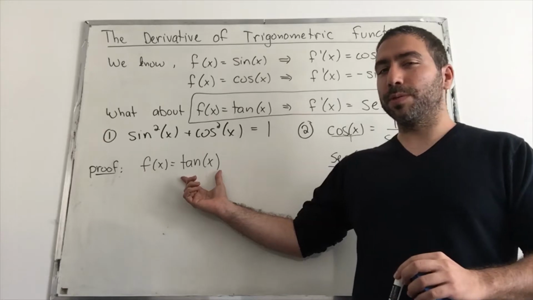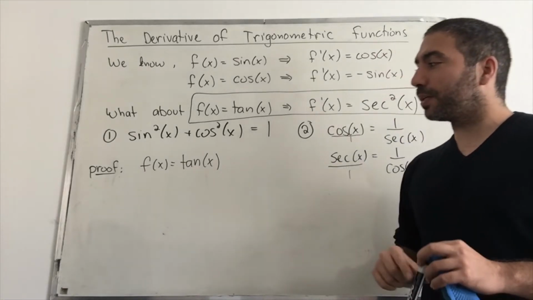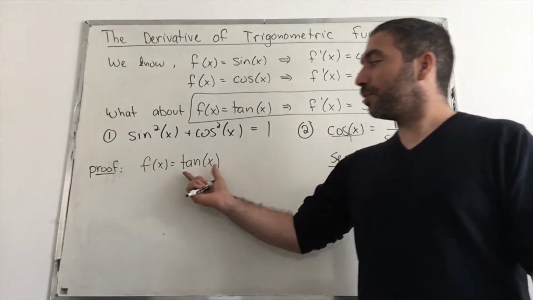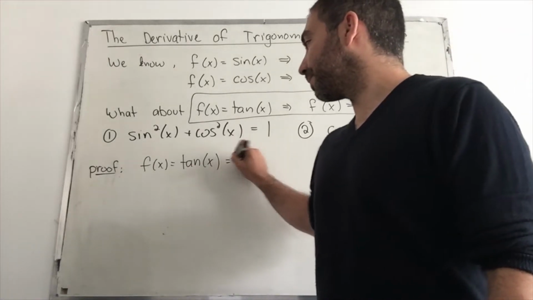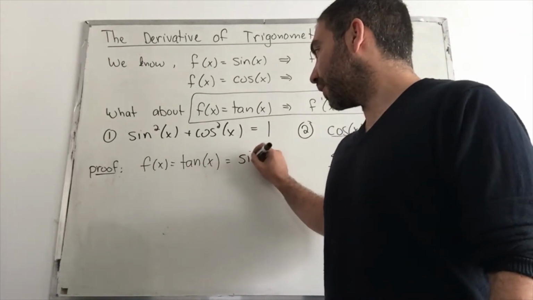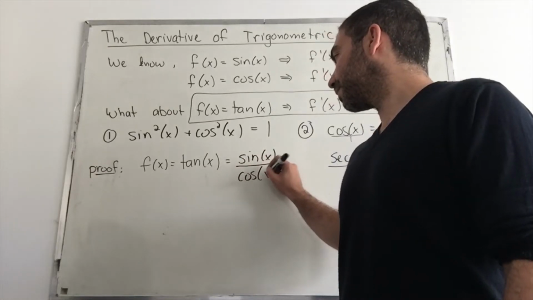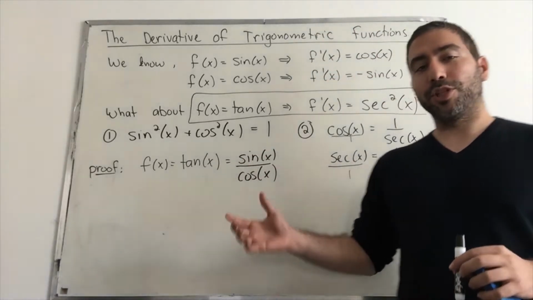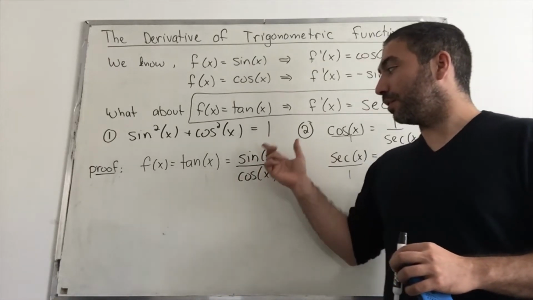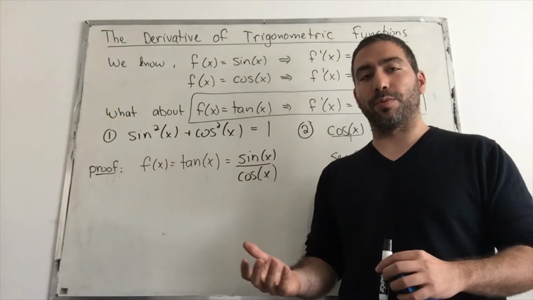Well, we could rewrite tan of x. How do we rewrite tan of x? This is another property: sine of x over cos of x. And we just transformed it into the division of two functions whose derivatives we already know.